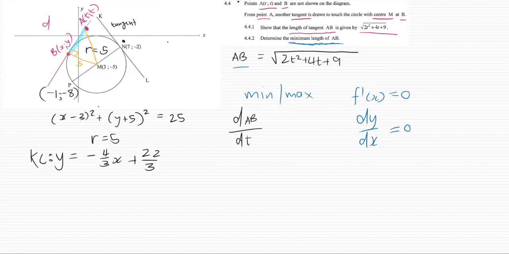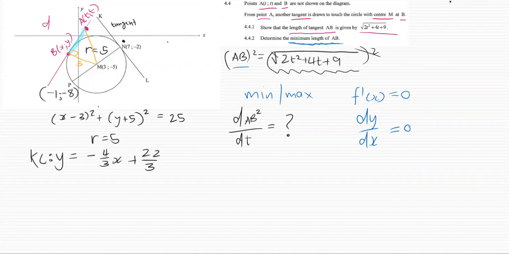But with these sorts of questions, I don't want to be working with a square root. First derivative of a square root, that's not fun at all. So the first thing we can do is just square both sides again. We're going to be looking for the first derivative of AB squared. And at the end, we can get it back to AB quite easily.